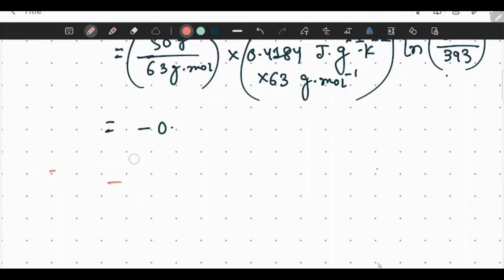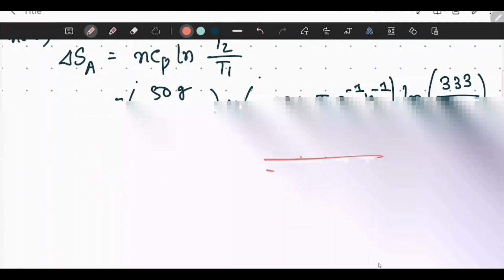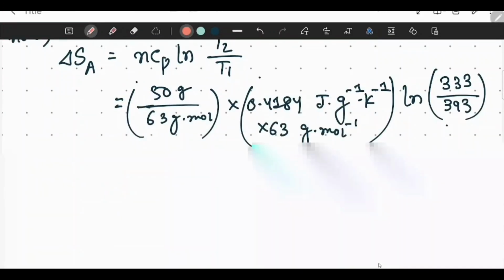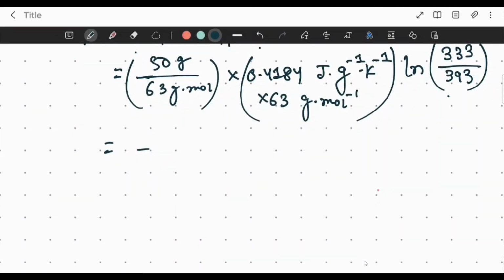That's why you have to multiply it with 63. When you have put moles here, you have to multiply it with the heat capacity for 1 mole. That's why you have to multiply by 63 gram, because for 1 mole there is 63 gram for copper. So just we have to multiply it with 63.